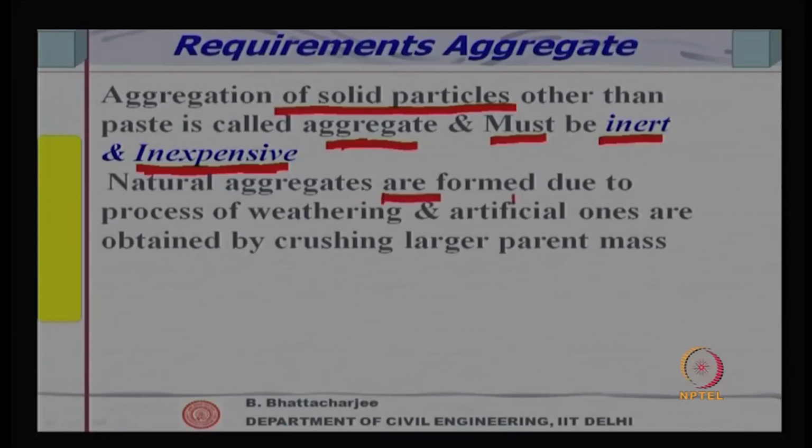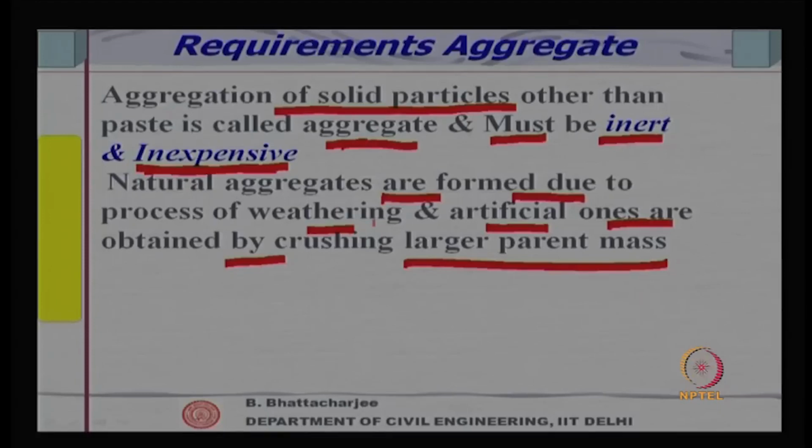Natural aggregates are formed due to the process of weathering, and artificial ones are obtained by crushing a larger parent mass. Well, I would not call it that; the second ones are called crushed aggregates. So, you can have natural aggregates, that means natural gravels or natural sand, which are available as they are, formed by the weathering action on parent rocks.